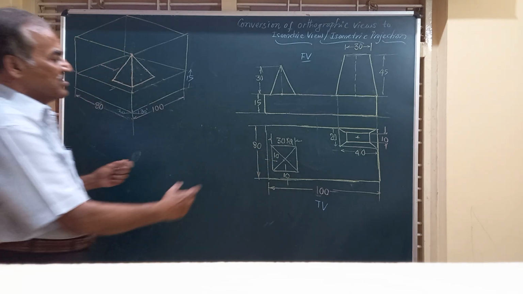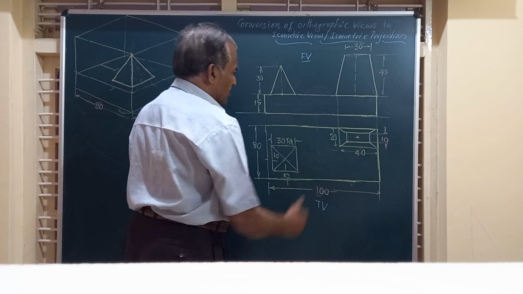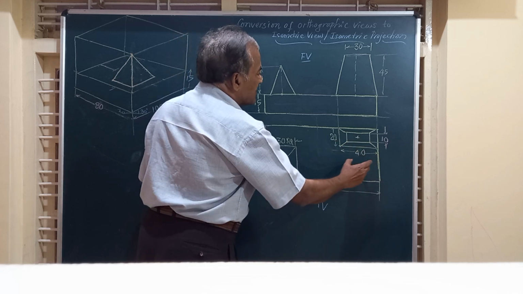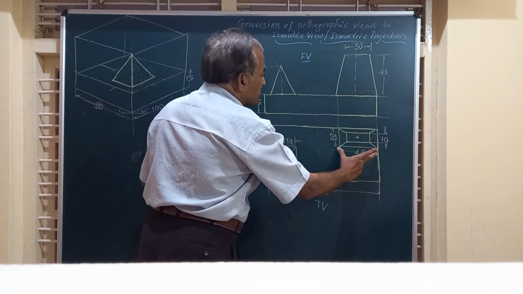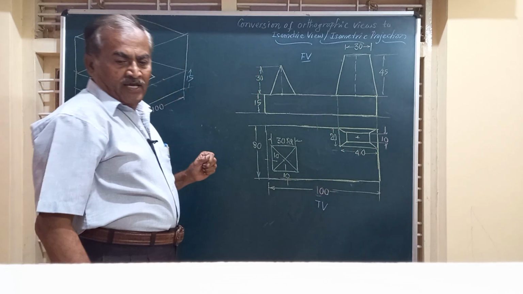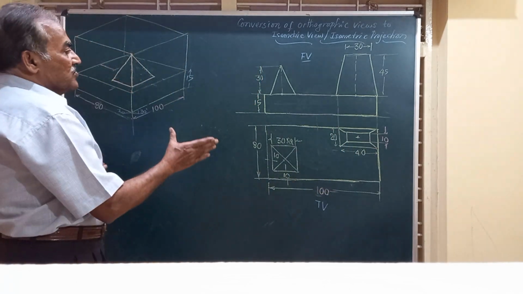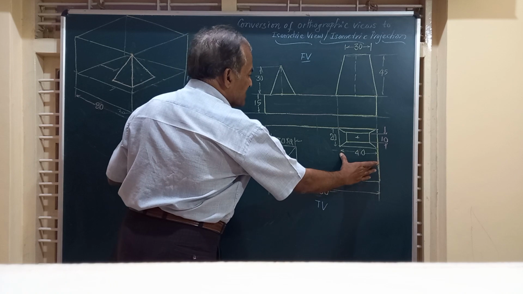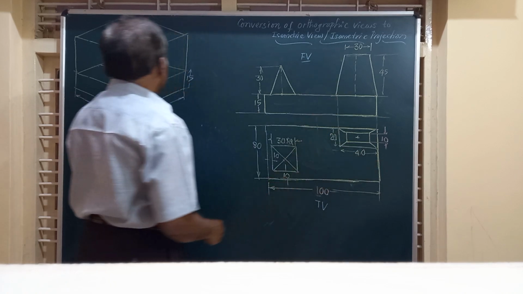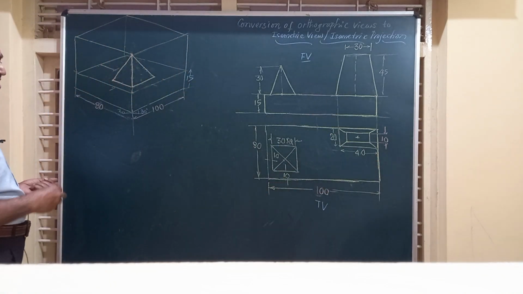Friends, now diagonally opposite to that corner, we have the frustum of a rectangular pyramid having base edges 40 and 20, and height equal to 45. Friends, where do you get that?